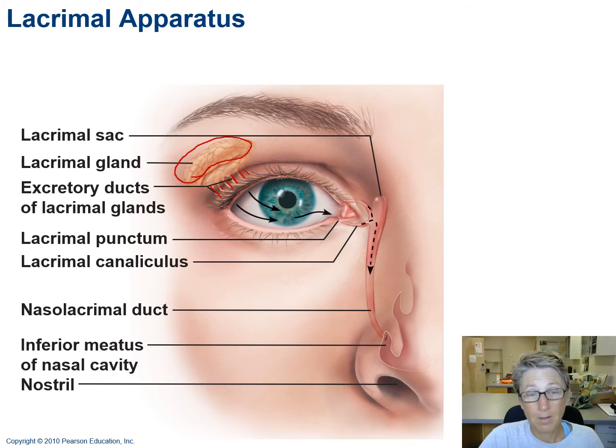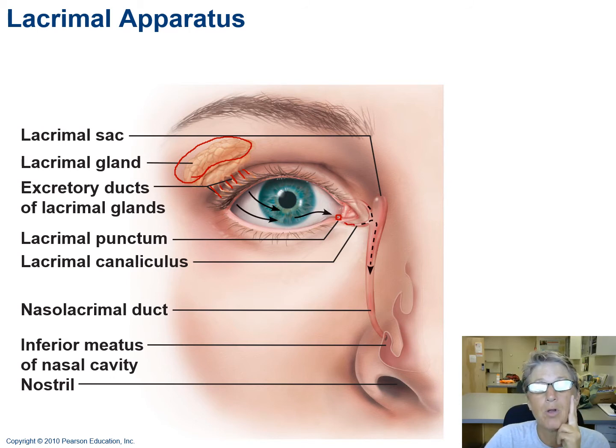And then the lacrimate, I don't know if it's called lacrimate, I just made it up, but the fluid, the tears, flow down and across your eye until they get to this area called the lacrimal punctum. This little lacrimal punctum is an opening, and then the tears can flow through that opening into this lacrimal canaliculus.